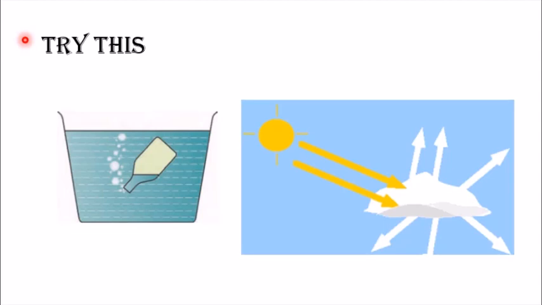Because of the presence of air in all directions and the presence of minute particles in the air, the light scatters in all directions. And this phenomenon is called the scattering of light.